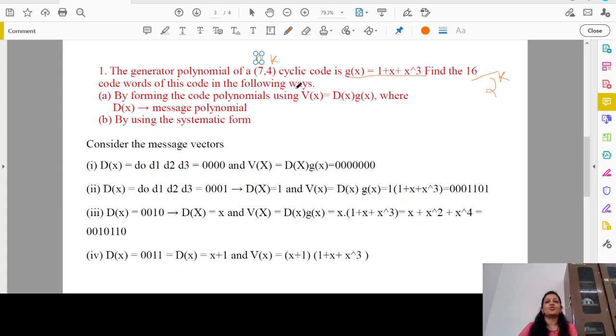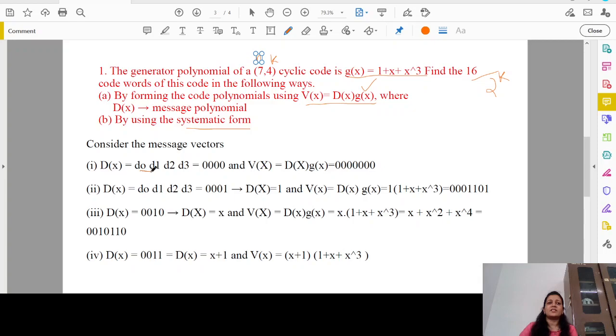We will do this in two different ways. One is by performing the multiplication of the code polynomial and another in the systematic form. Let us study both the forms now. So the generator polynomial is already given, right? So consider the message polynomial and try to find out the code polynomial v of x. Let us see how to go ahead with the first step, that is multiplication of polynomials. For that we will require d of x.